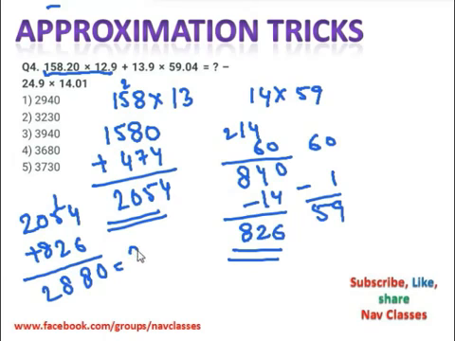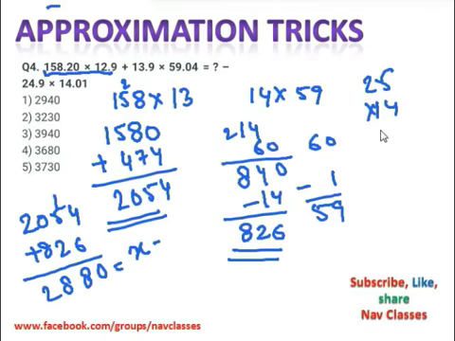Then the question is not ending here. The question is asking for x minus again 1 multiplication. We can take this 24.9 as 25, 14.01 as 14. We are going to multiply them. If you know, you can do it. If I want, I can multiply 25 with 10, then I will multiply 25 with 4.